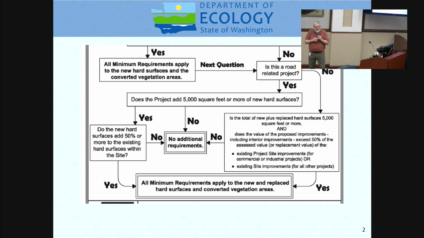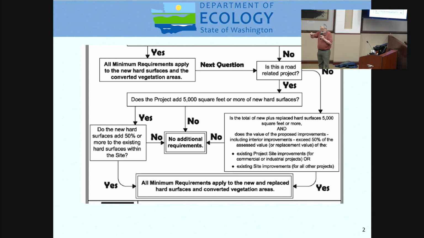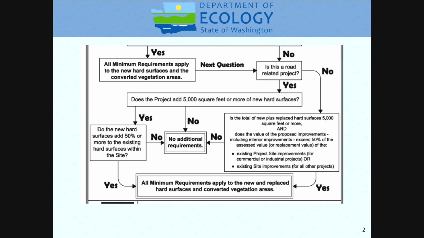So we said we're not going to use the site for that definition; we're going to use the project site, which is the area disturbed by the development. That piece of the parking lot has risen in value because there's a restaurant on it now, so that restaurant needs to put in stormwater controls for their project.